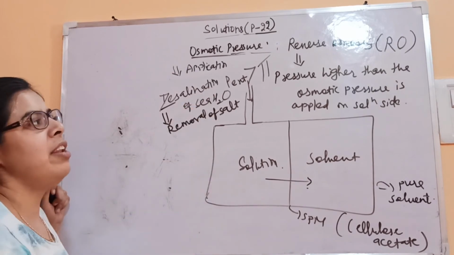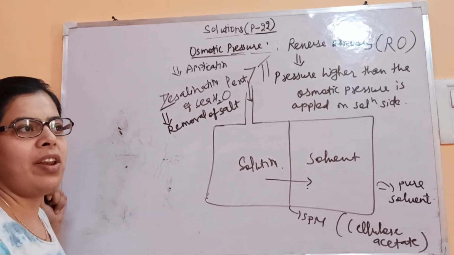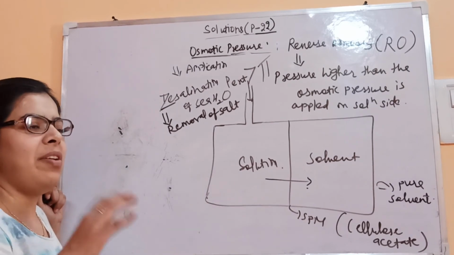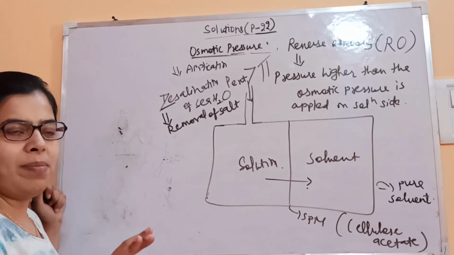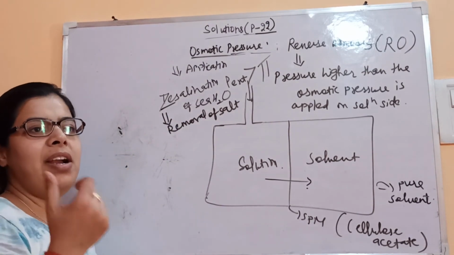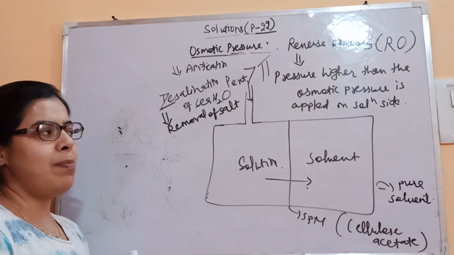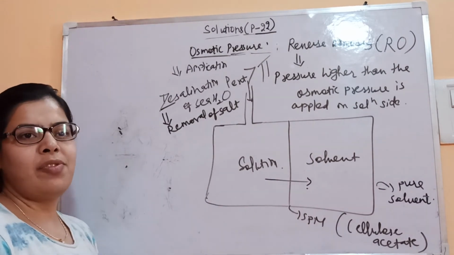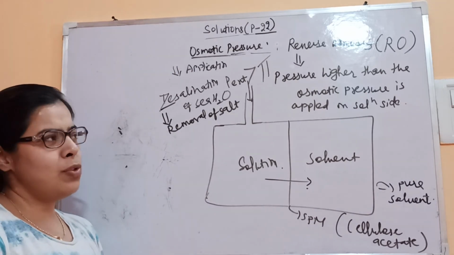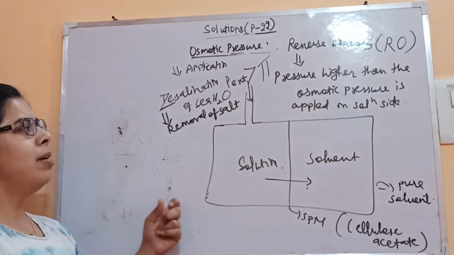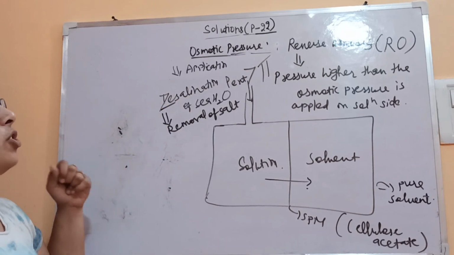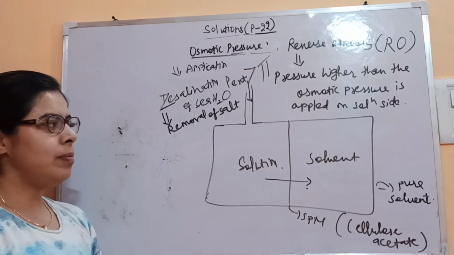So this is happening in reverse osmosis, RO. Whatever water is there, all the impurities are removed by reverse osmosis, and impurities remain on the solution side, and the water we are getting, which is fit for drinking, is pure water. That's why we say RO gives us pure water. Many processes are involved, but the basic principle behind RO is osmotic pressure, that is, reverse osmosis.